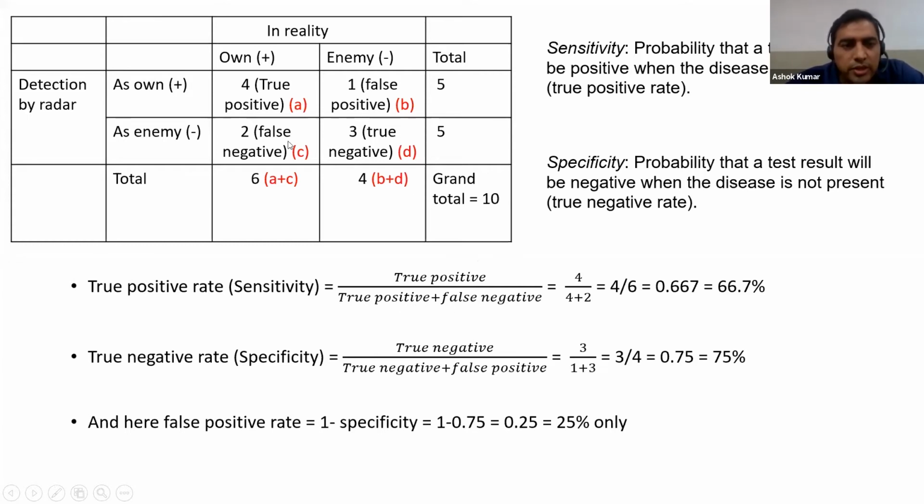We can get from the 2 by 2 table. So there are 4 true positive from the A cell, and plus 2 which are the false negative. So 4 divided by 6, and that gives 66.7% sensitivity. And what is sensitivity? Sensitivity is the probability that a test result will be positive when the disease is present. When disease is present and test is positive, that is sensitivity.